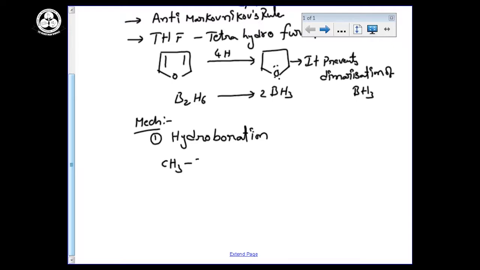I am taking the alkene compound and I am adding BH3. BH3 is an electron deficient molecule. In 11th standard we had electron deficient hydrides, for example BH3, boron hydride. So it is an electron deficient compound. Already I told you alkenes are electron rich molecules. So electron rich molecules can attack the electron deficient molecule.